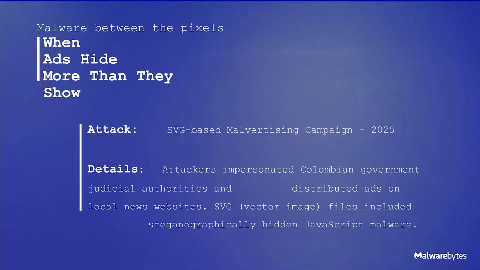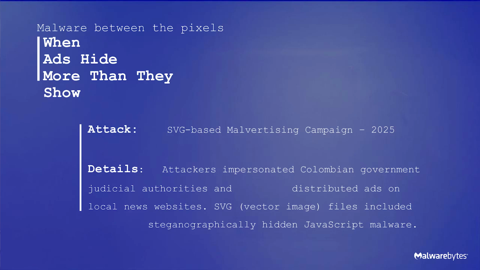So in 2025, just this summer, some attackers in Colombia impersonated the Colombian judicial authorities and committed an attack.